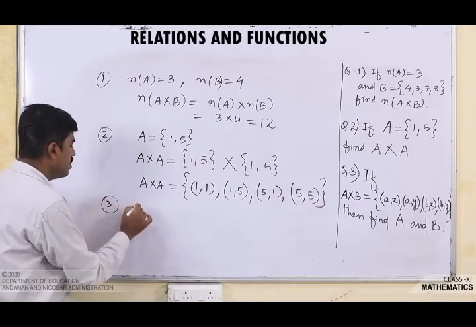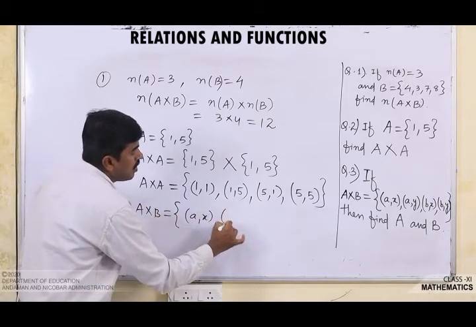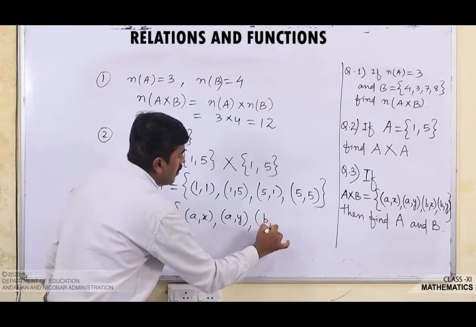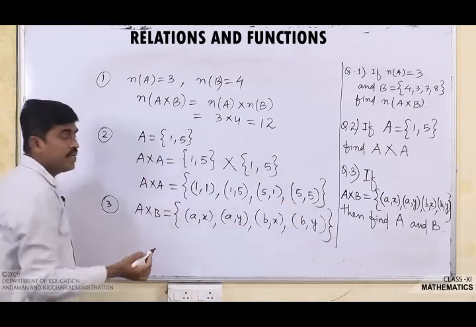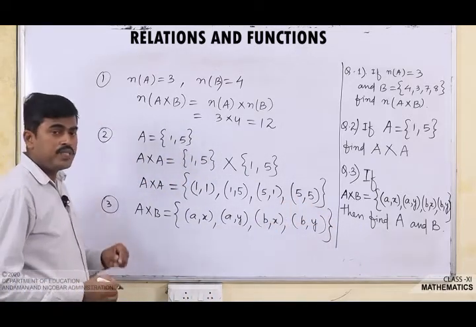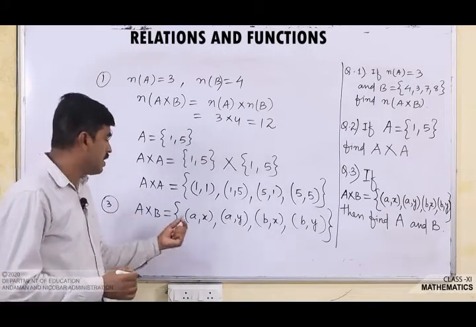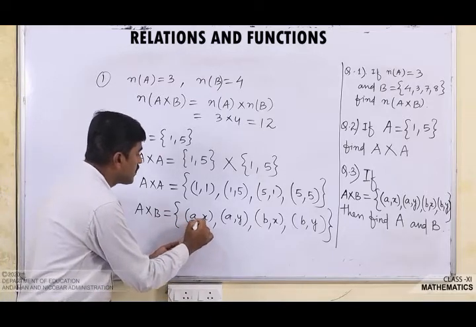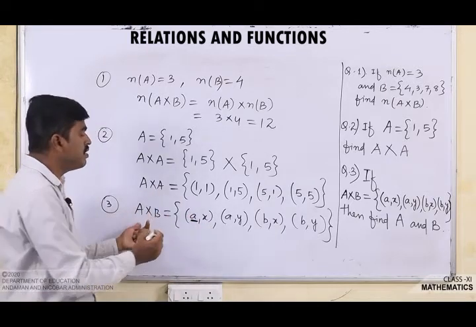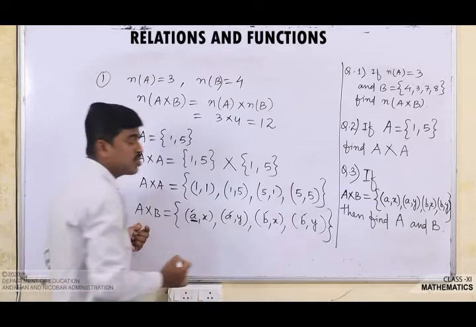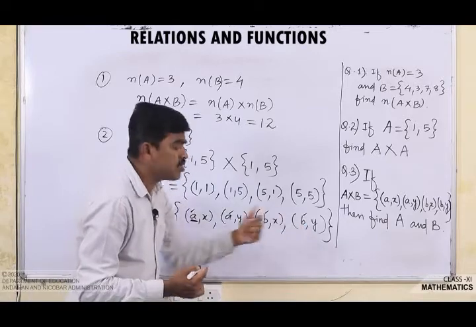So number 3, here A cross B is given. What is A cross B? {(a, x), (a, y), (b, x), (b, y)}. Okay. Now we have to find A and B. We know that if we are going to write A cross B, then we will take the first element of the ordered pair from A. That means all the first elements of these ordered pairs must belong to A. So you see, what are the first elements of these ordered pairs?